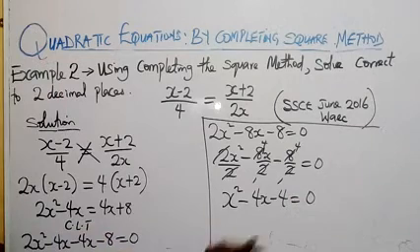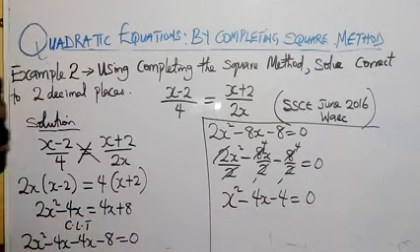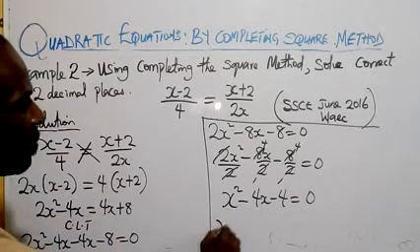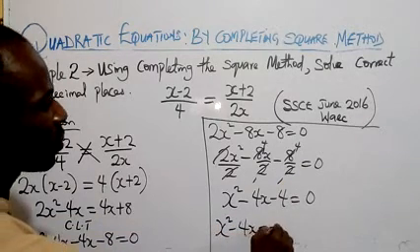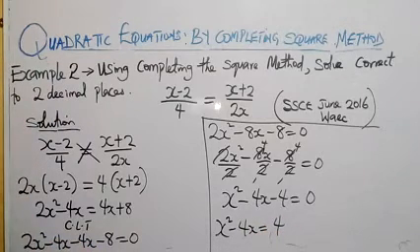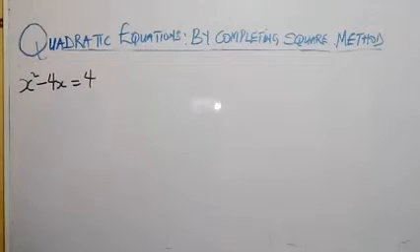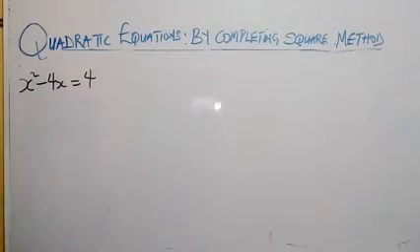The next thing from here, we'll take this minus 4 to the right hand side. We have x squared minus 4x equals plus 4. So therefore, we have x squared minus 4x equals 4.